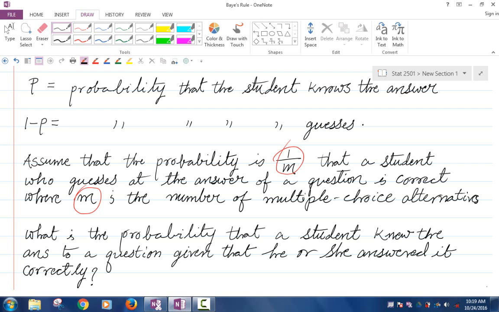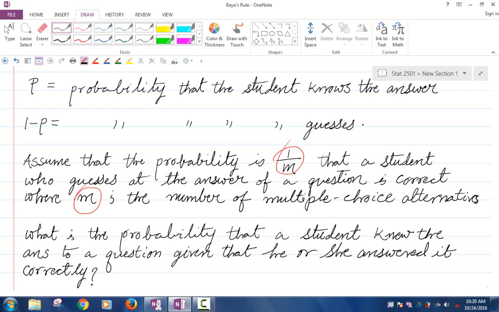So you have a test where all the questions are multiple choice questions, and for each question, either you know the answer or you don't know and you guess. The probability that you know the answer is p, and the probability that you're going to guess is 1 minus p.